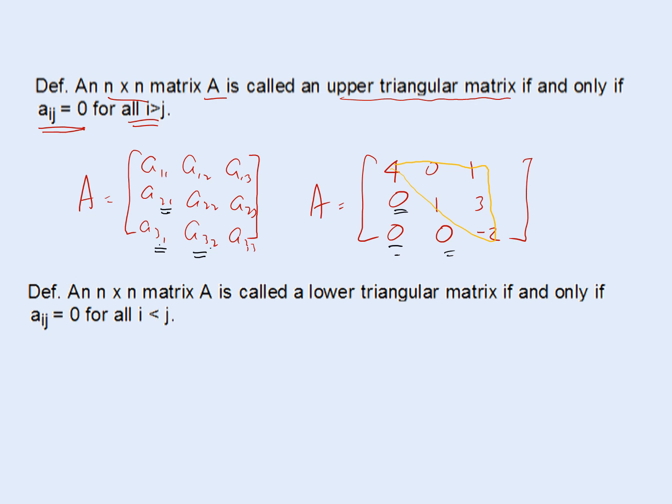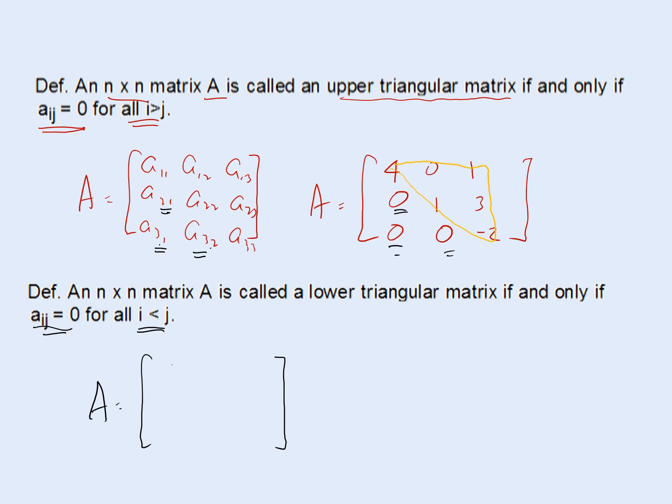Now for a lower triangular matrix, it will be the other way around. Aij is 0 for all the i's that are less than j. So these are actually the elements A12, A13, and A23.